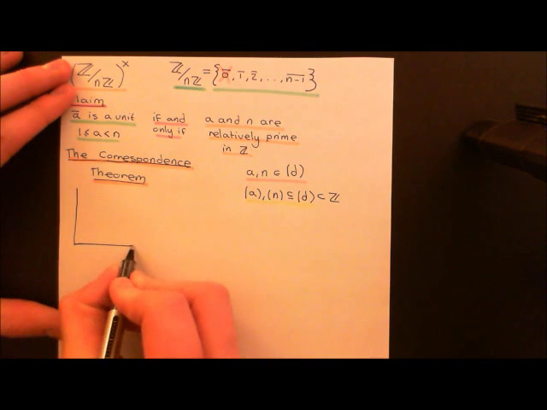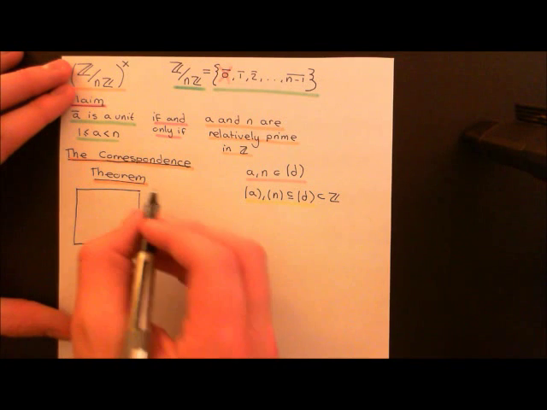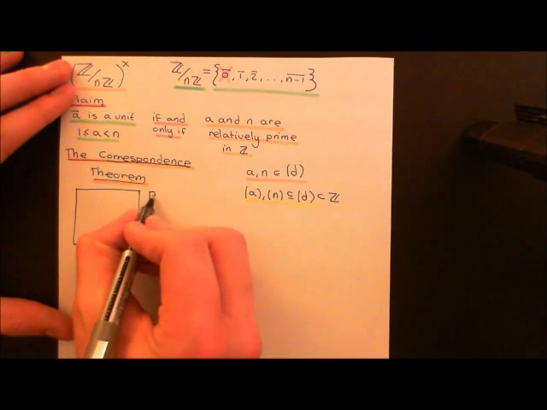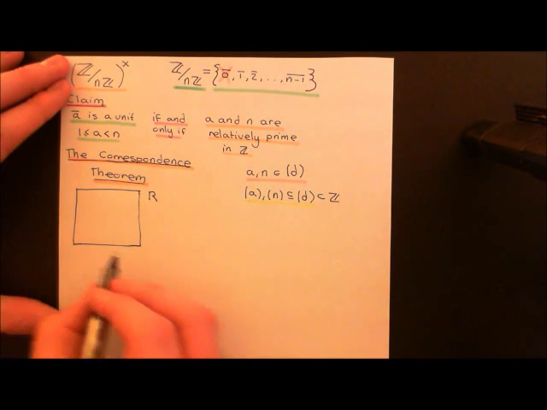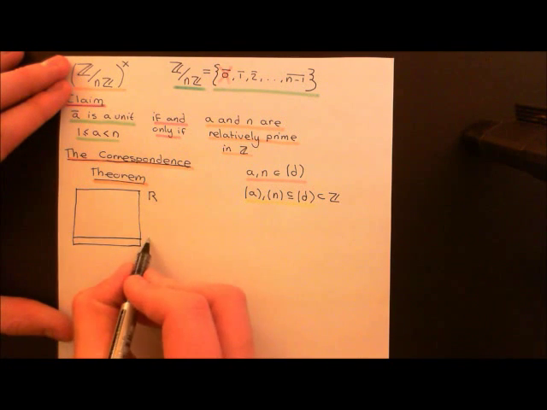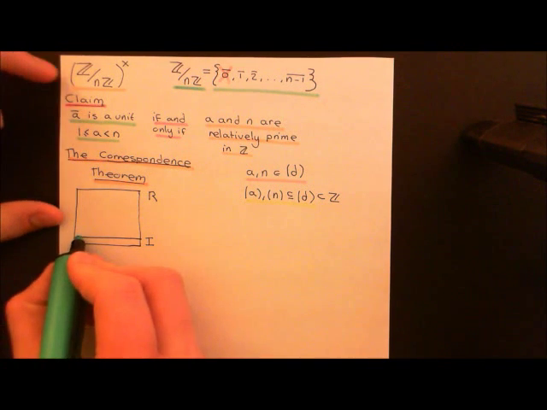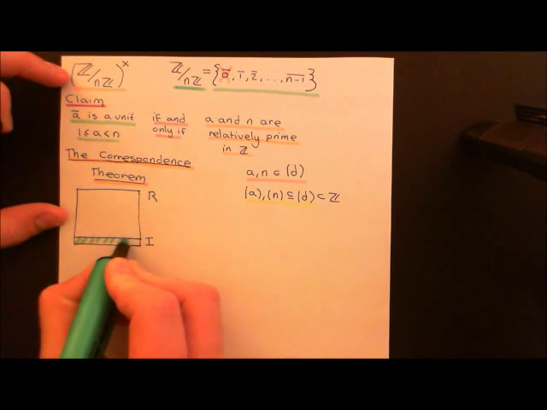So let's draw a picture of some ring that we've got here. So let's say this is our ring capital R here. Okay, and we are now going to quotient this ring capital R out by some ideal. So let's say we've got some ideal down here, which I'll call capital I, and I'll colour this in green here.